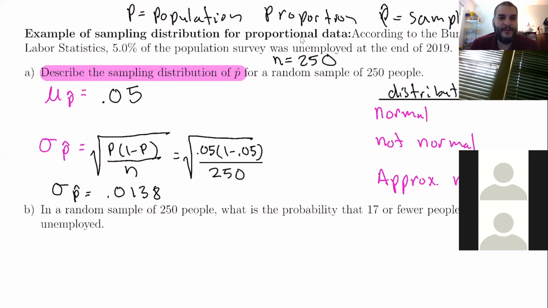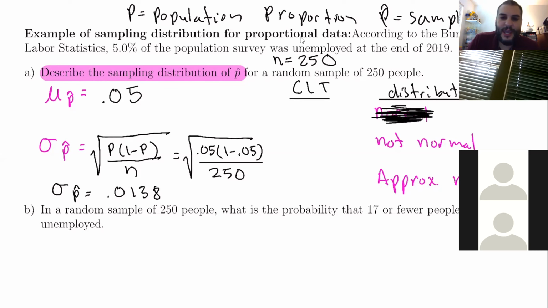If you look at the problem, nowhere do they tell us that it comes from a normal distribution. So we already know we can't state it's a normal distribution. So we have to see if we could say it's not normal or if it's approximately normal. To say it's approximately normal, we're going to apply the central limit theorem. So we're going to use the CLT.